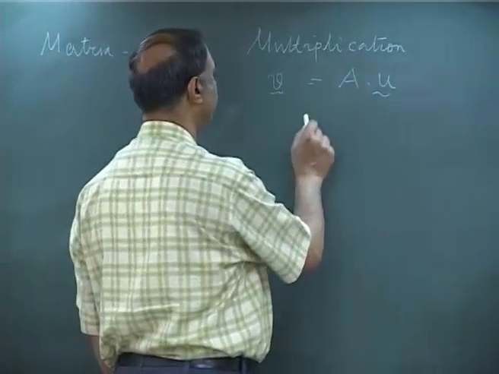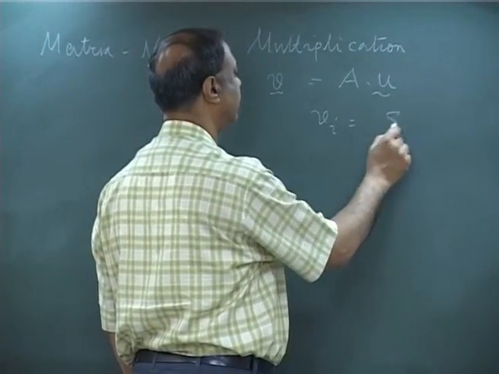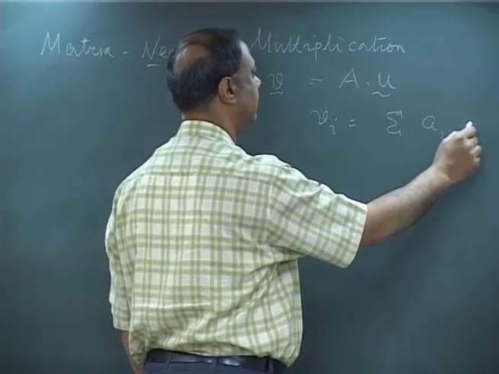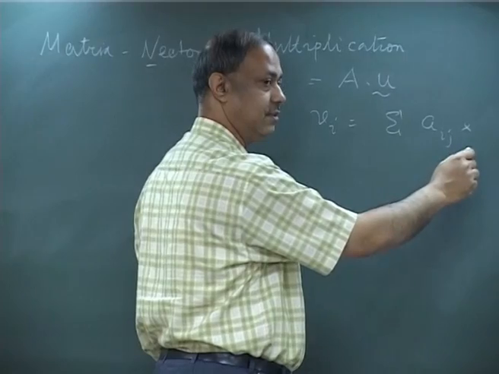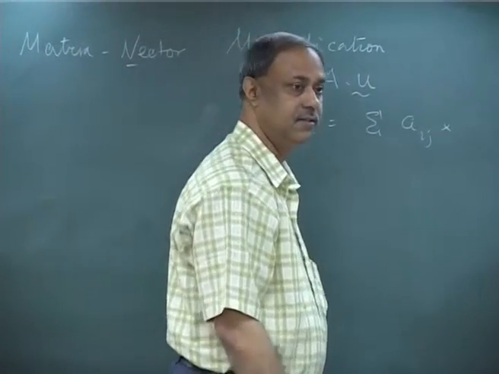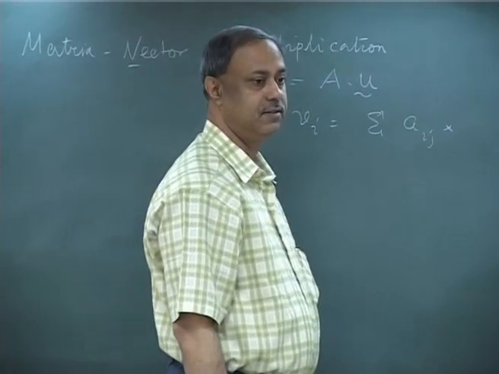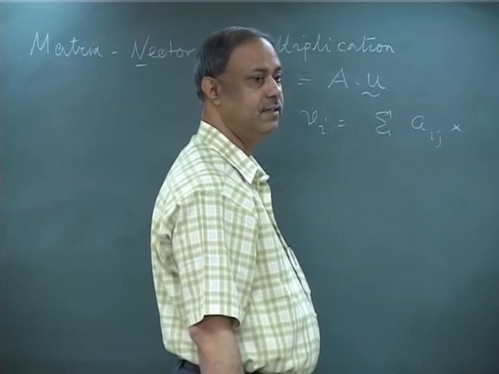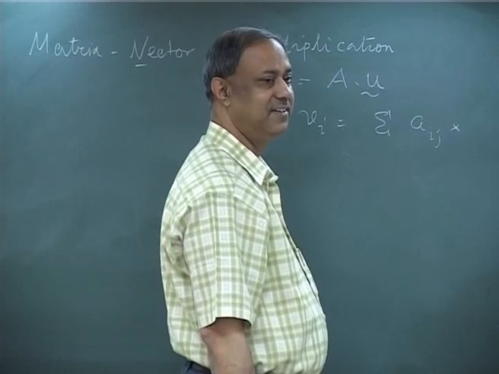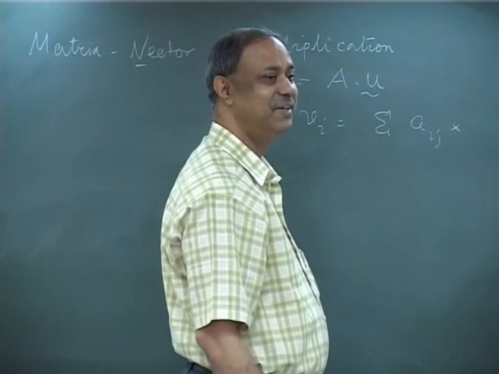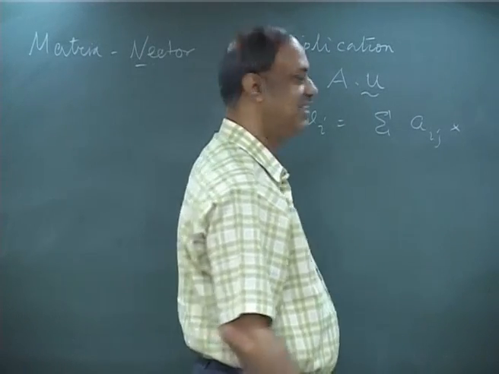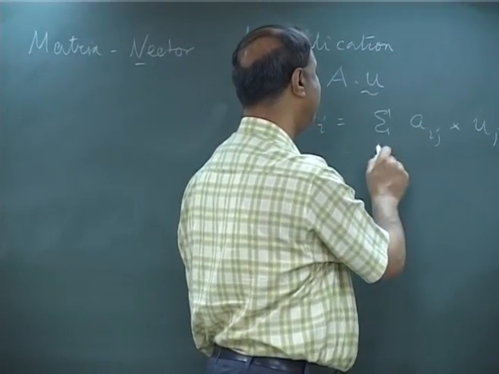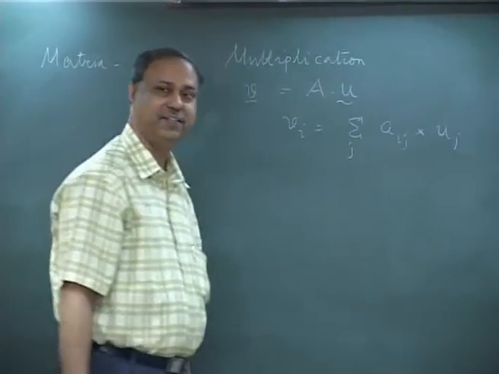Vi is equal to the summation over A. What is that? Matrix vector. This vector has only one column.